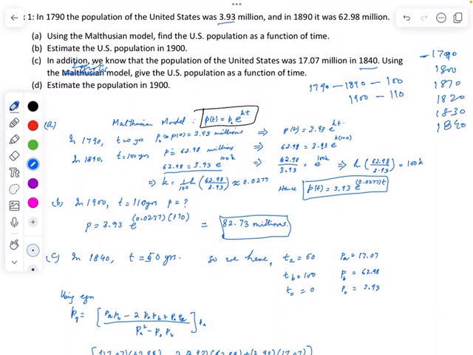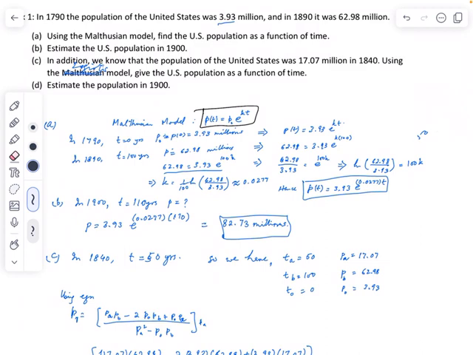This is our zero count, and this is 10, 20, 30, 40, and then 50. So in 1840, t is equal to 50.